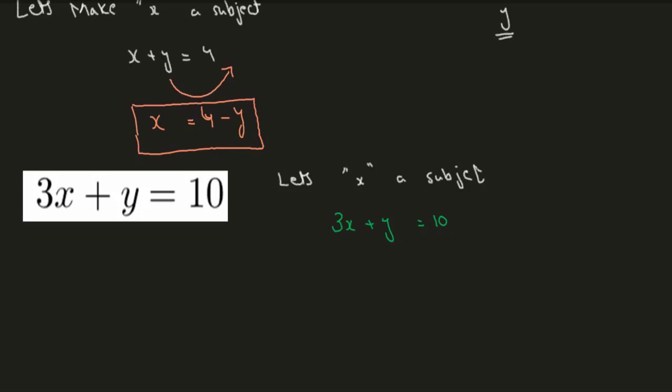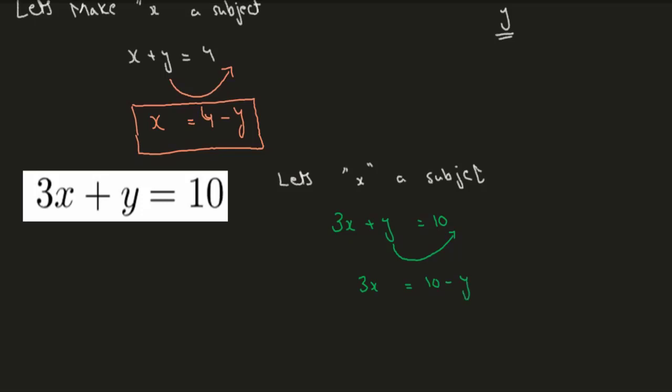Remember, you cannot take 3 on the other side right now. First you have to take those things that are being added or subtracted with this x term. So y is the term that I can take on the other side, so 3x is equal to 10 minus y.